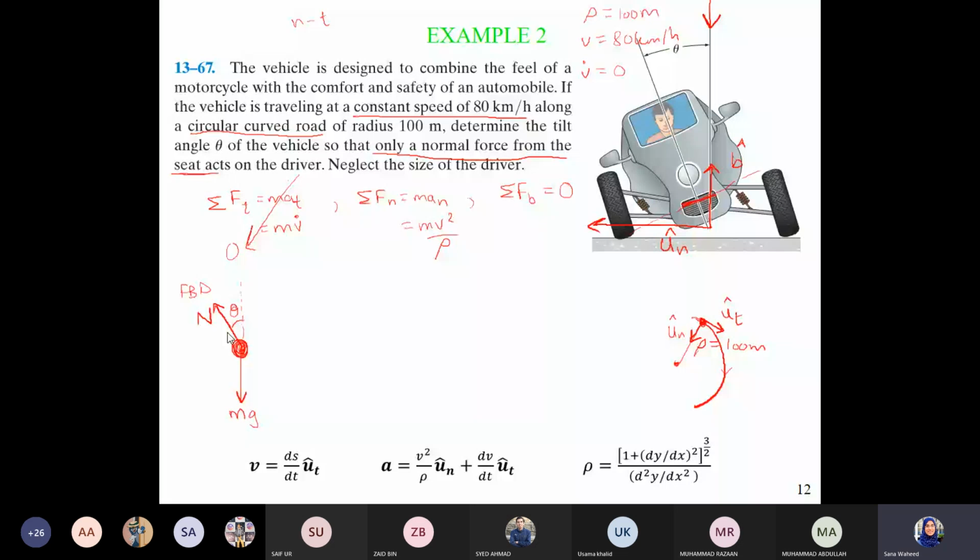I'm actually trying to think what the direction of friction will be. Friction will of course oppose relative motion. Actually, I'm about to make a mistake here, so what will the direction of friction be? Will it be in this direction or in this direction?